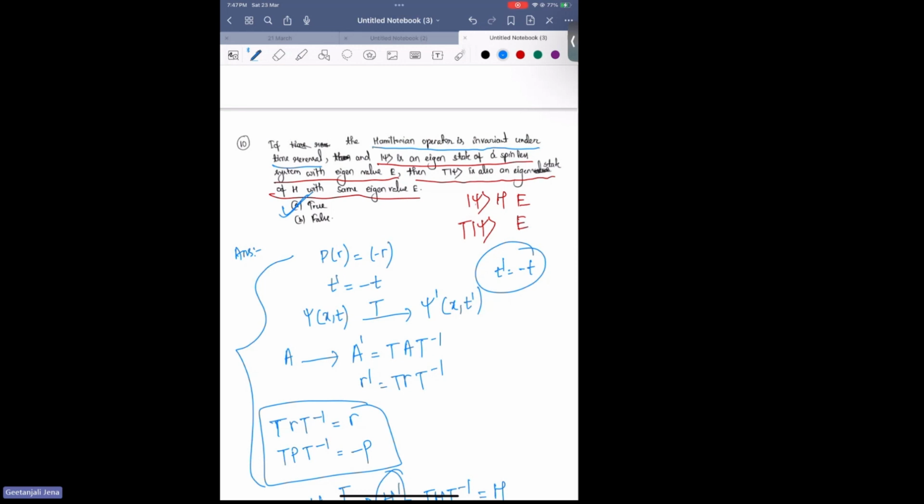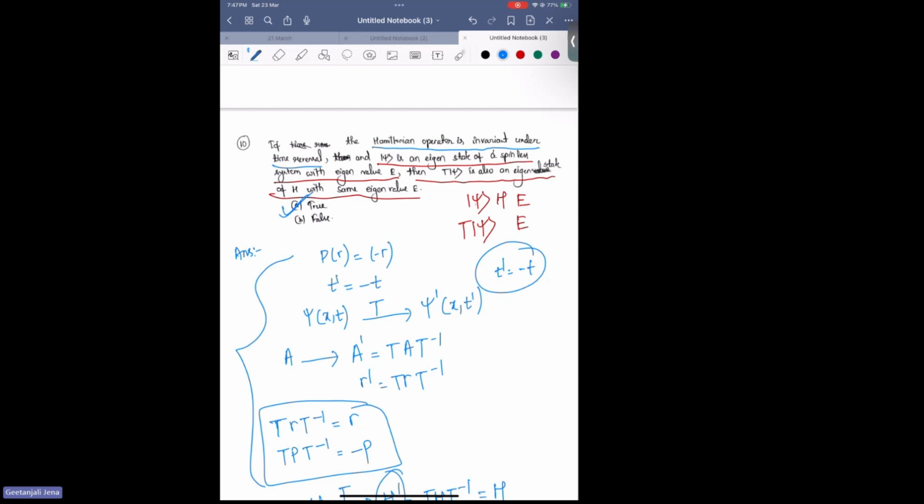The physical meaning is that you reverse the process in which you proceed. Like if you are going from A to B, in time reversal you go from B to A. It is like if you play a video, you are going forward in time.